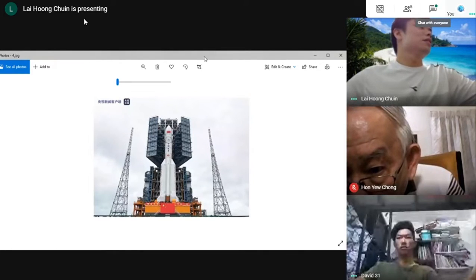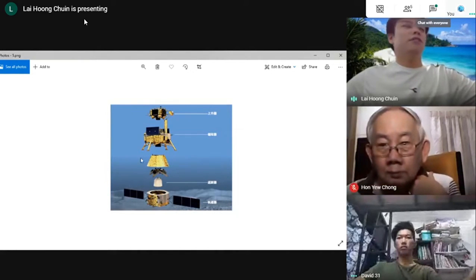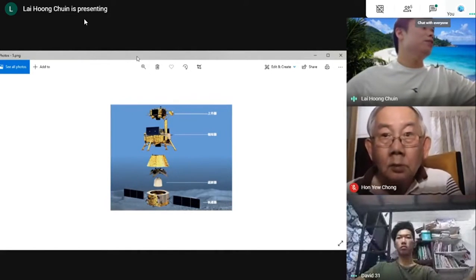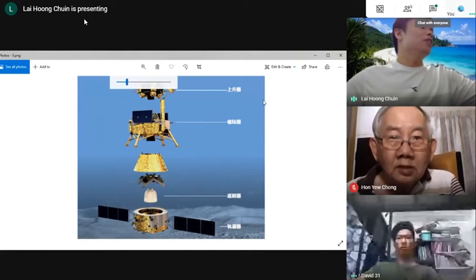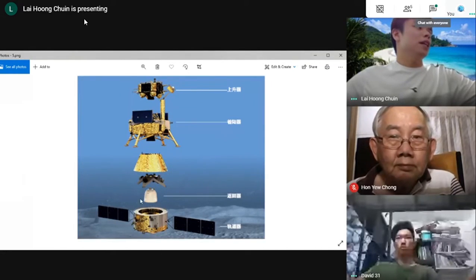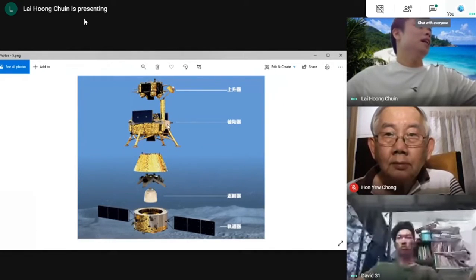So next, this is about the whole Chang'e 5 spacecraft. When it launched, it's all together. We have the orbital mission, and the orbital mission will carry the lander, and then we have this, the Earth lander.